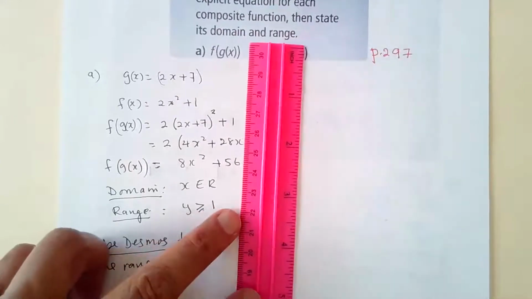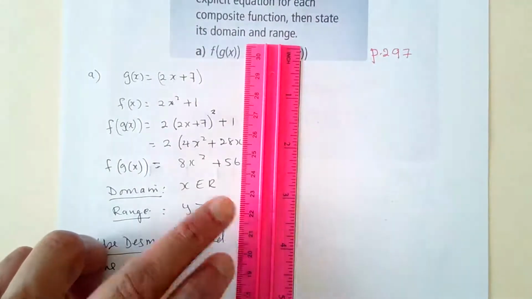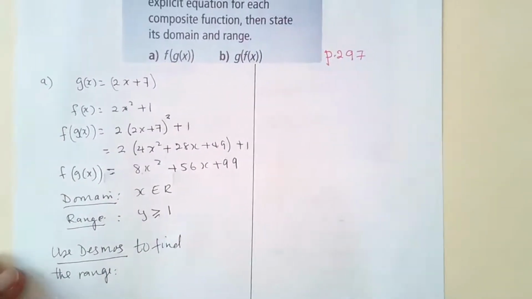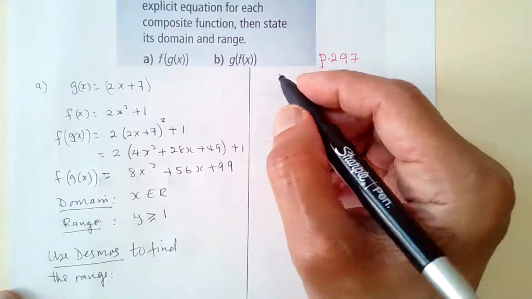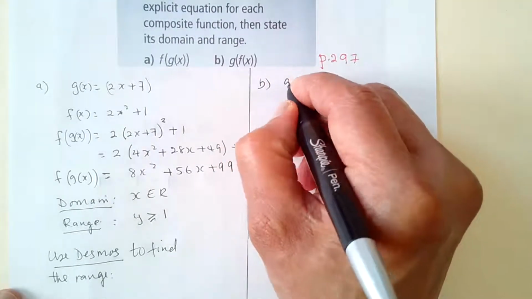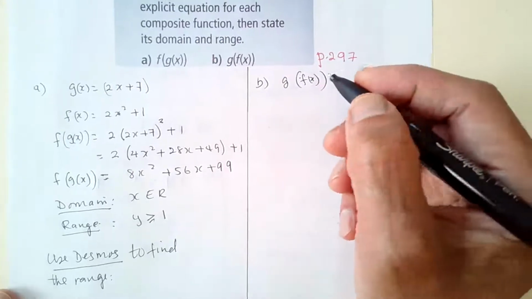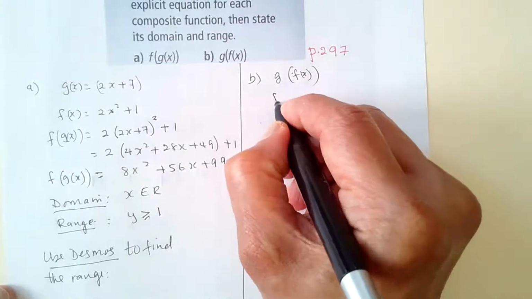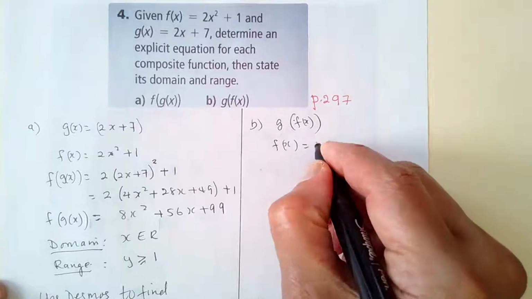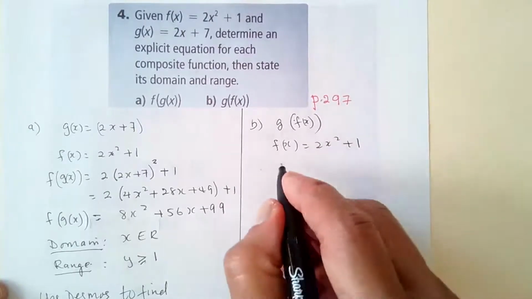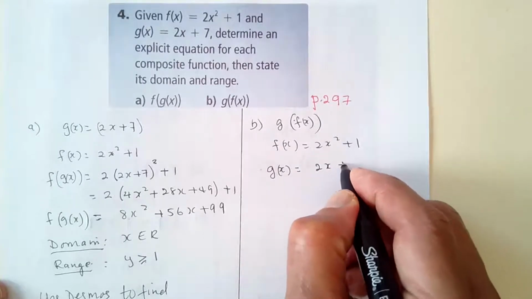Now go on to the next question, B. So for B, we need to find g of f of x. So first of all, we know f of x is given, 2x squared plus 1. And now g of x is equal to 2x plus 7.